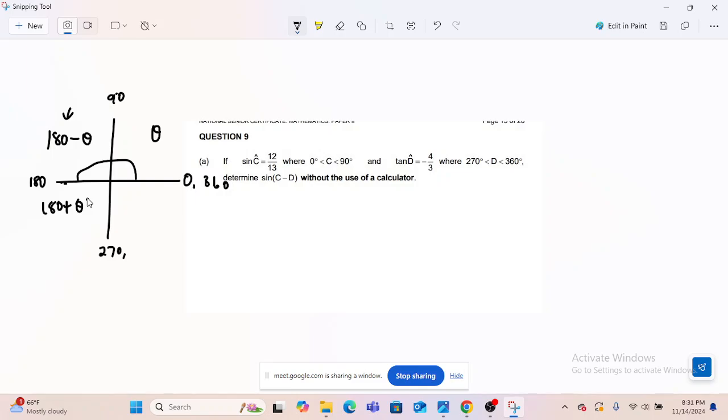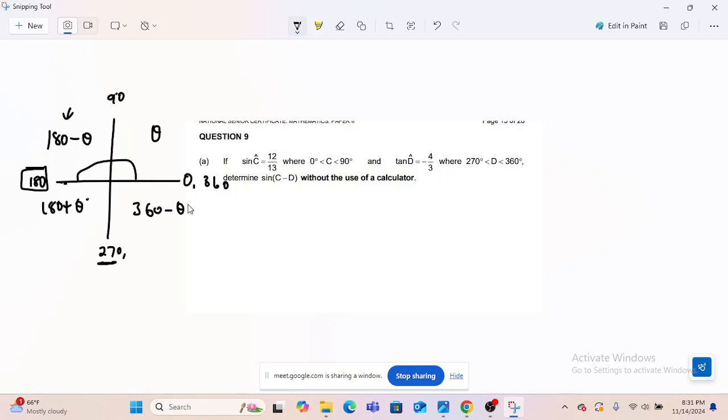If I add any angle that is less than 90, the angle you're going to find will always be less than 270, but automatically greater than 180, because I just added a certain angle on 180 degrees. Now I know that that is 180. And then the fourth quadrant is 360 minus theta. It's the same explanation.